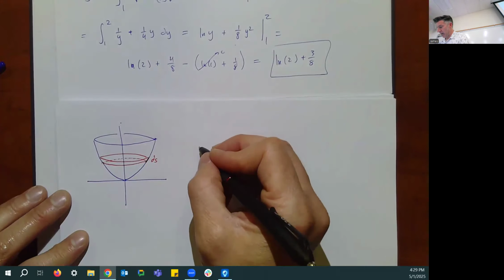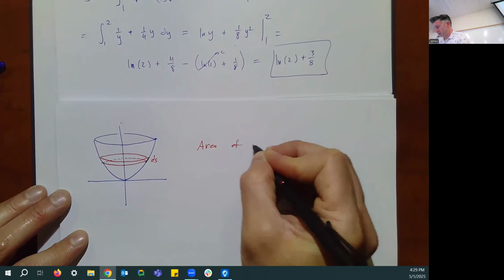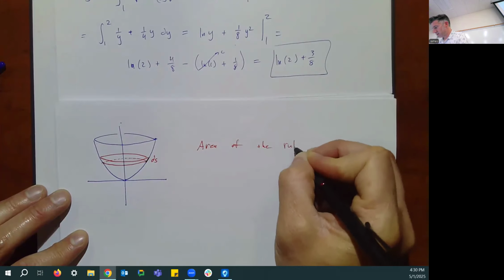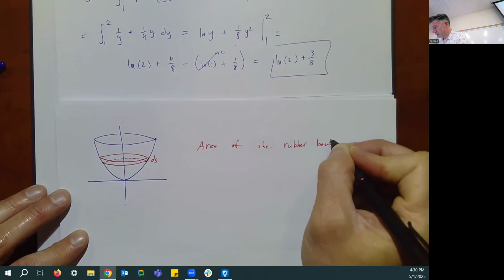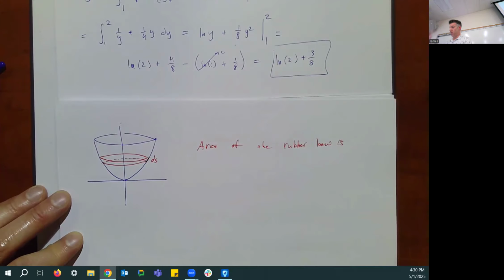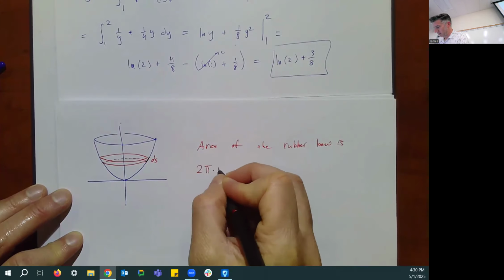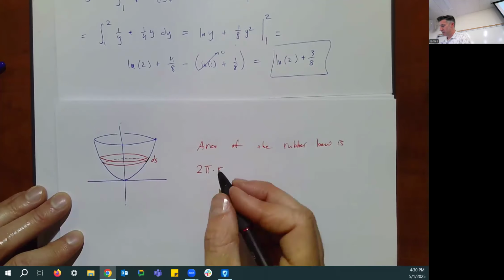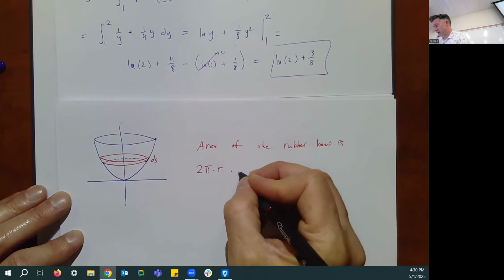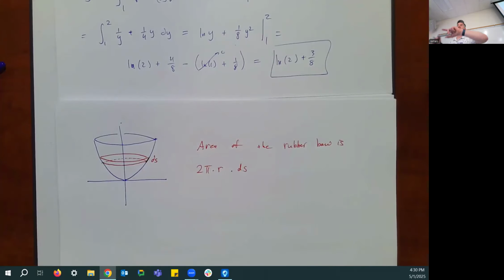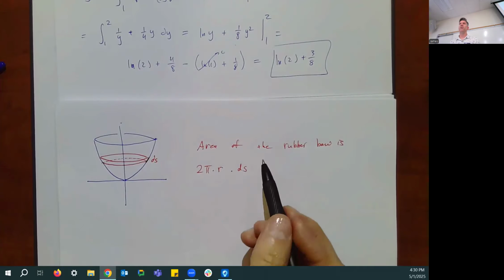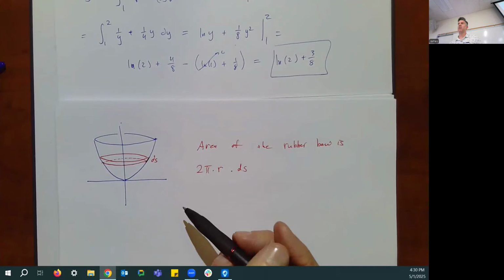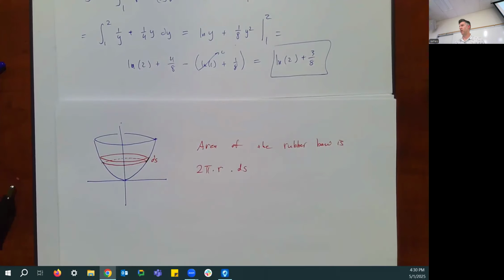And the area of our rubber band is going to be the circumference of the circle, 2 pi times whatever the radius is, probably x or y, in this case x, because it's how far from the y-axis, times the thickness of the band, which is ds. And that ds is the same ds that we just talked about, the square root of 1 plus the derivative squared. So that kind of thing we just talked about comes up in these examples as well. So that's mostly why we talk about it.